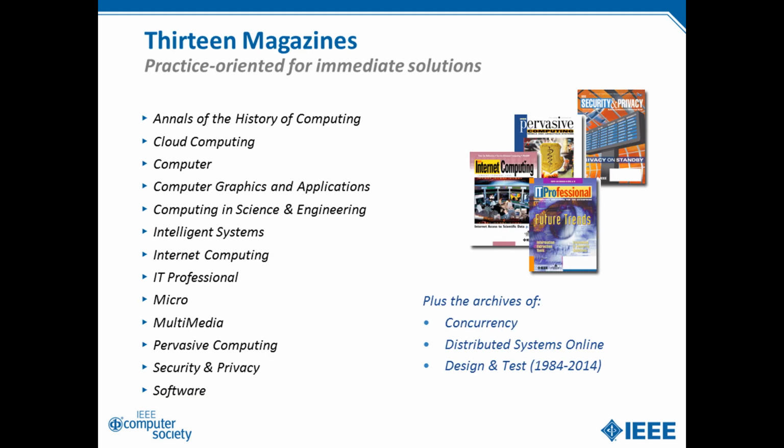There are 13 magazines in the CSDL, and I've listed them all here, covering various areas of computing. We also have archives of some publications that are no longer being published: Concurrency, Distributed Systems Online, and Design and Test. The magazines are intended to be more application-focused, practice-oriented for immediate solutions.